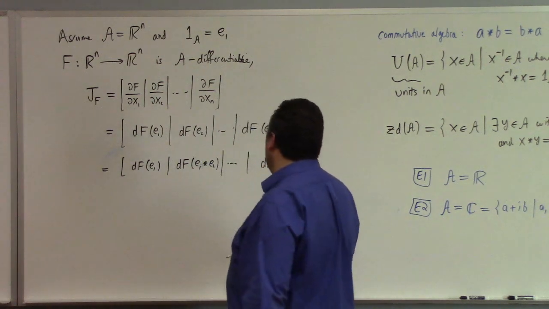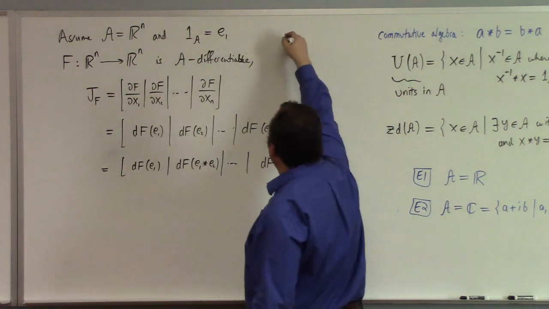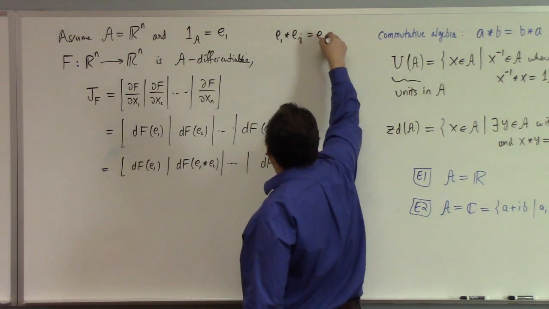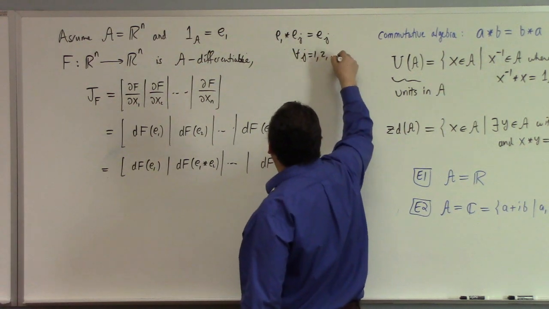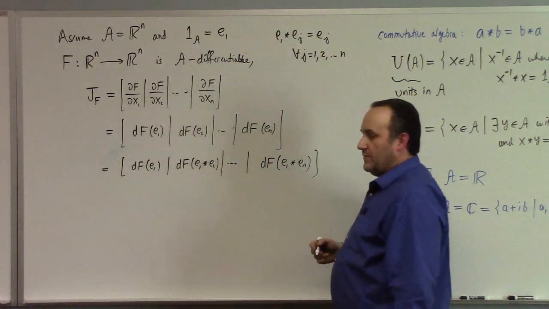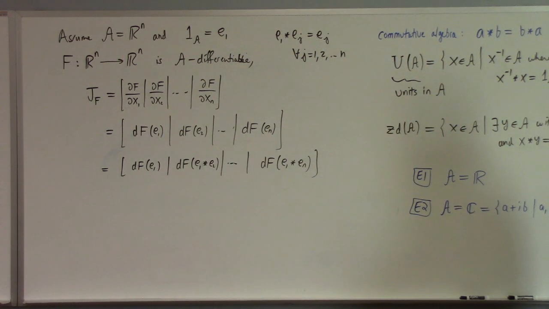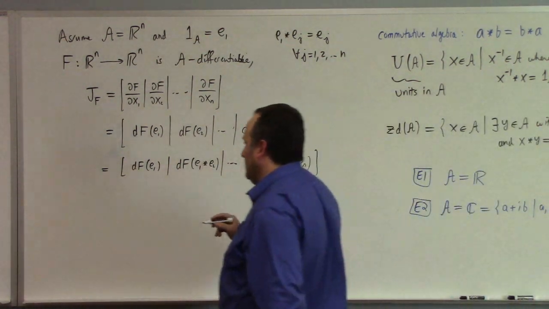Since e1 is the unity, e1 times e_j is just equal to e_j for all choices of j. But then, because we're assuming it's A-differentiable, I can pull out multiplication.